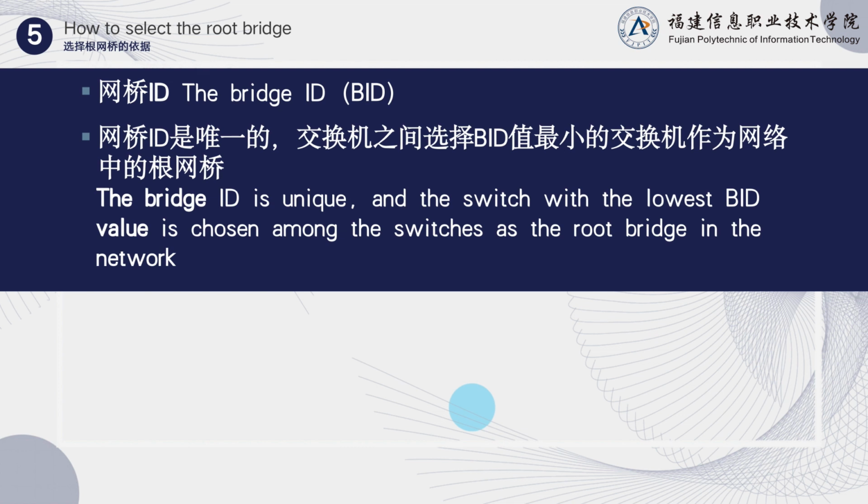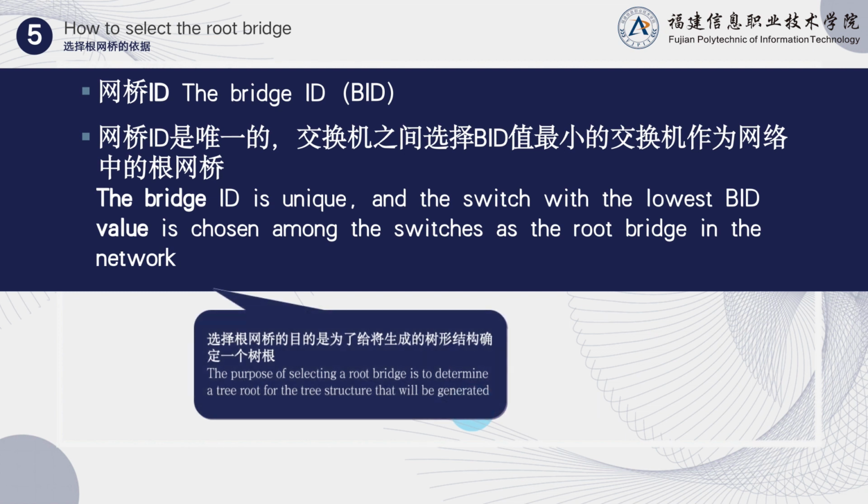The BID is unique, and the switch with the smallest BID value is selected as the root bridge in the network. The purpose of selecting the root bridge is to determine a tree root for the tree structure that will be generated.